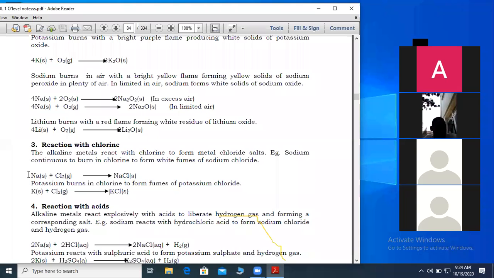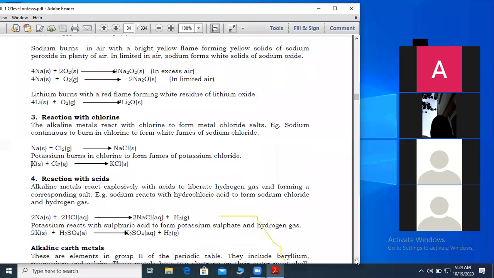There is a 2 on sodium here and a 2 on sodium chloride such that the equation balances. Then potassium plus chlorine is also not balanced. There should be a 2 on potassium chloride and a 2 on potassium. Now, reaction with acids. How do those group 1 elements react with acids?